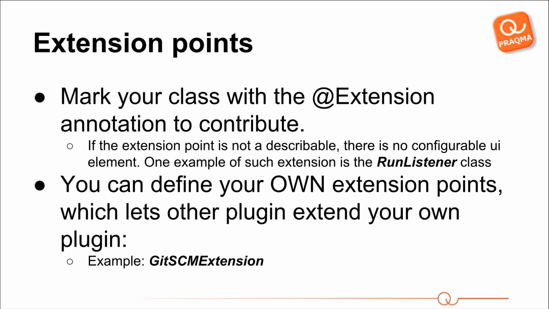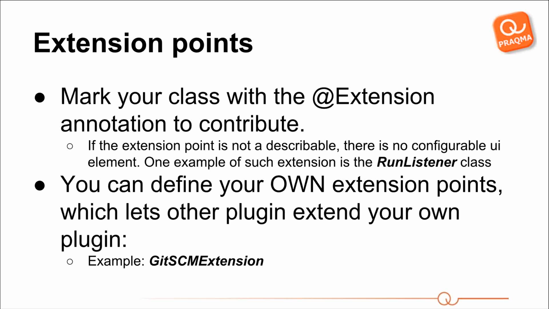For describable objects, that's the extension in a public static inner class of your concrete implementation, which will also be explained. And the extension, for example, if you wish to extend something that doesn't require UI, for example, the run listener, that's where you mark that with the extension.